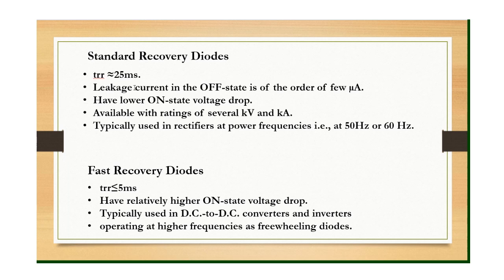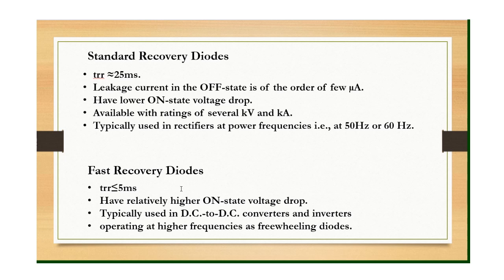For the standard recovery diode, TRR is approximately equal to 25 milliseconds. The leakage current in the off state is in the order of a few microamps. It has a lower on-state voltage drop and available ratings of several kilovolts to kiloamps, and typically it is used in rectifiers at power frequency 50 Hz or 60 Hz.